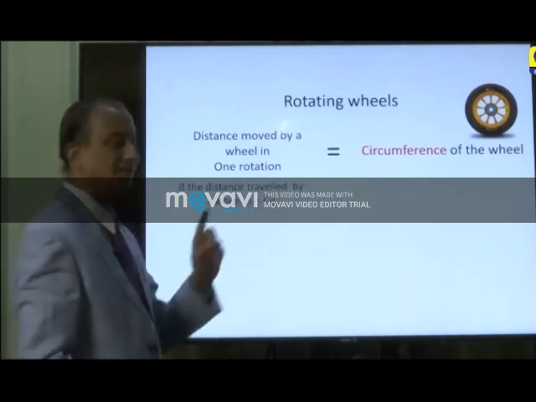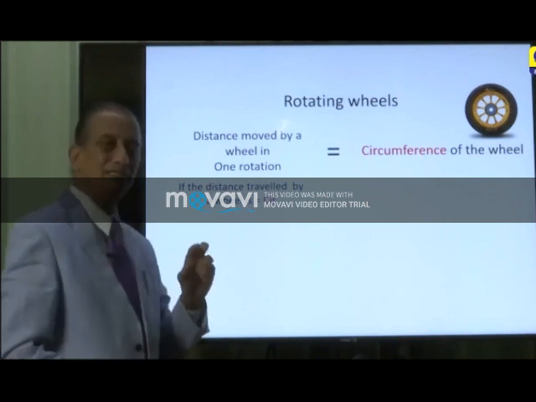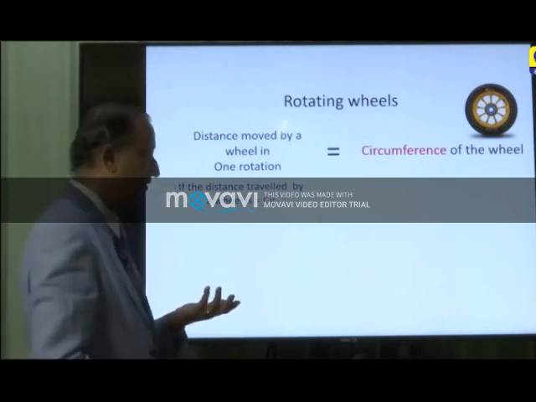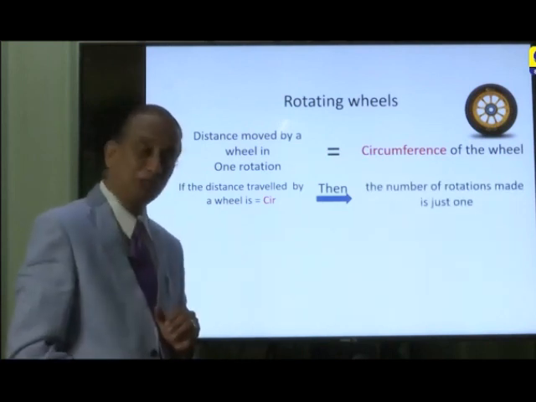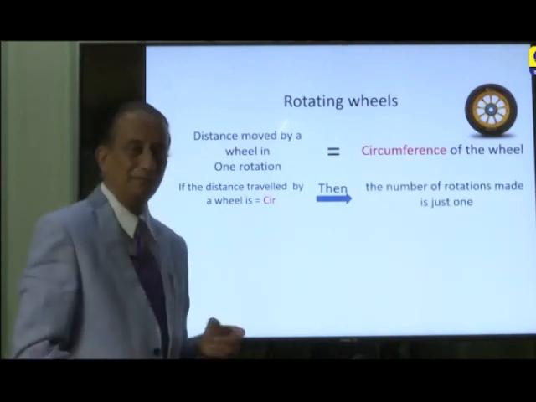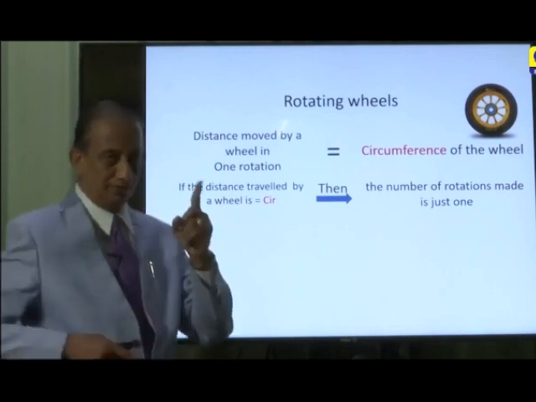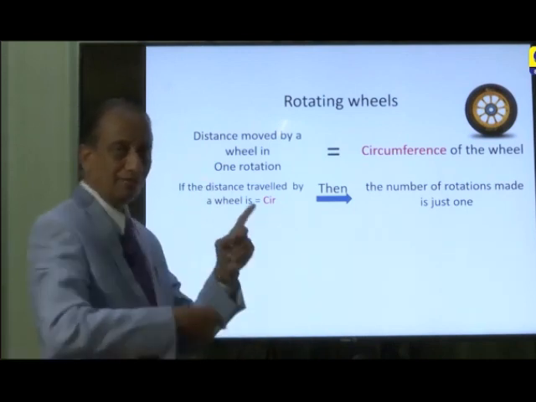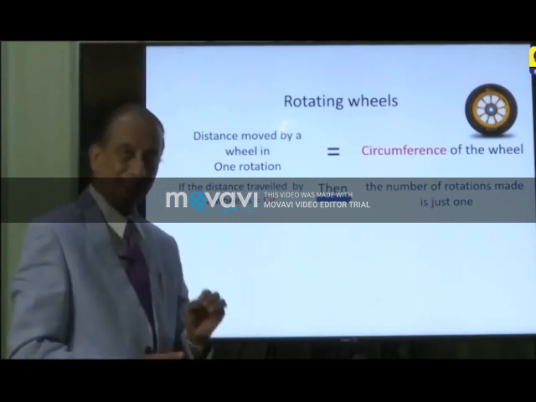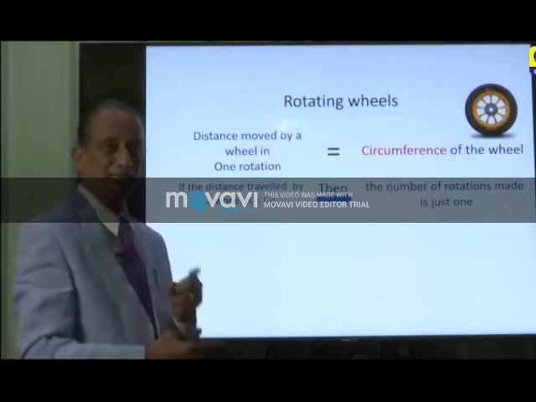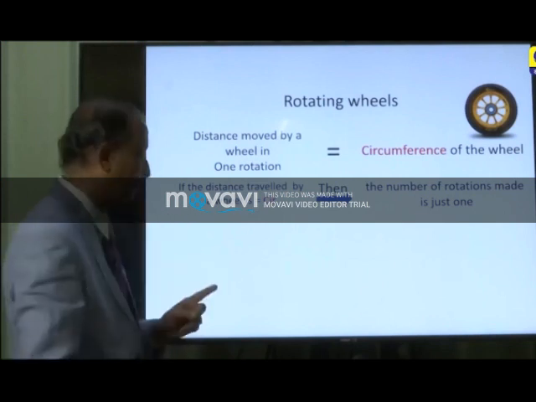If the distance travelled by a wheel is equal to its circumference, then can we say that the number of rotations made by it must be equal to 1 only? If the distance travelled by a wheel is exactly equal to its circumference, then we can say that the number of rotations it has made is just 1 rotation.